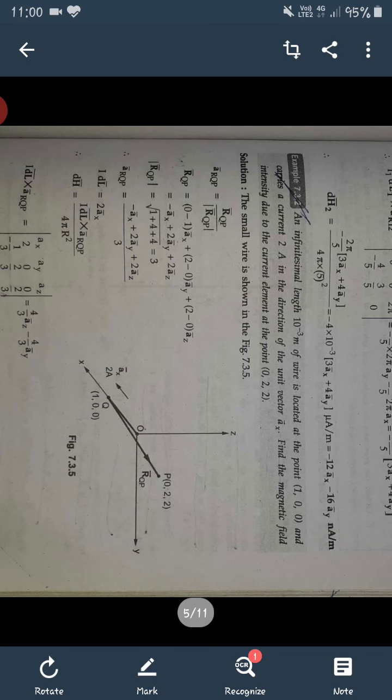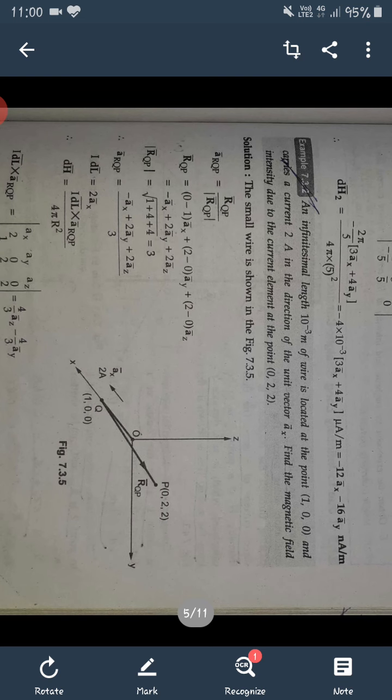First, we have mentioned the point Q is the infinitesimal length, and point P is where we have to find the magnetic field intensity.